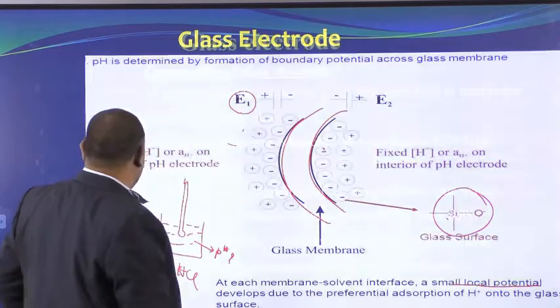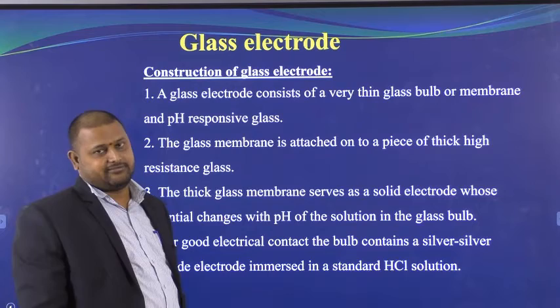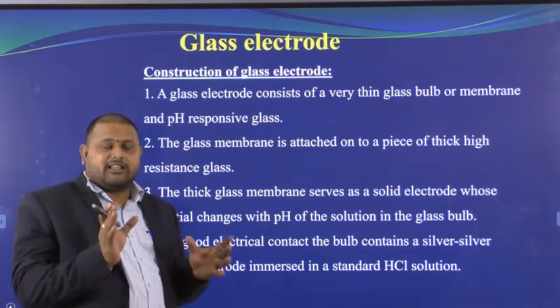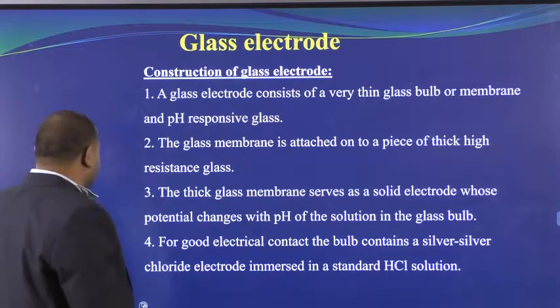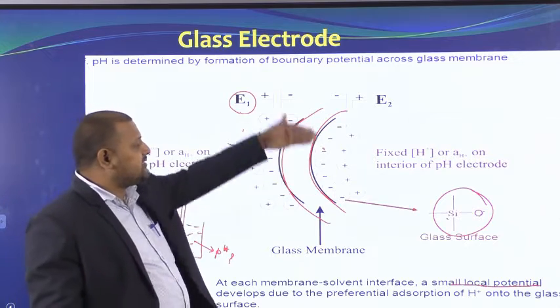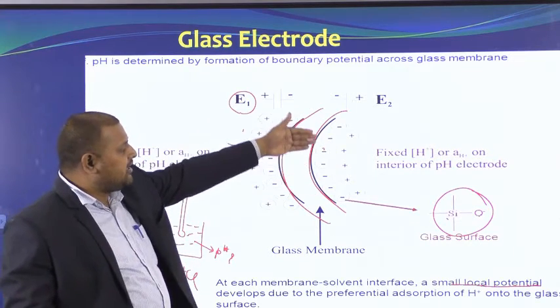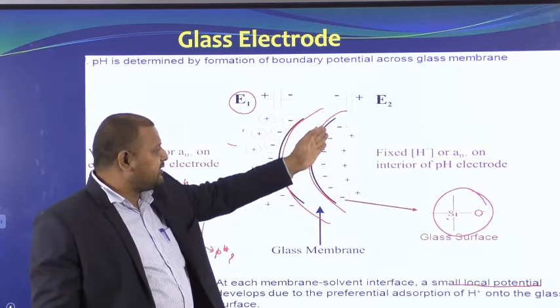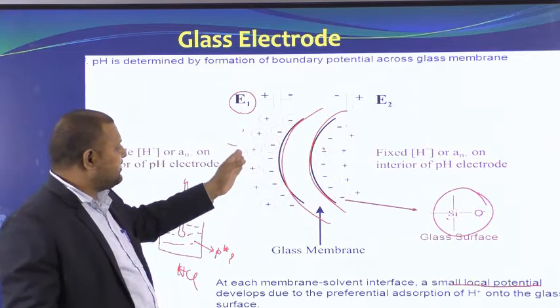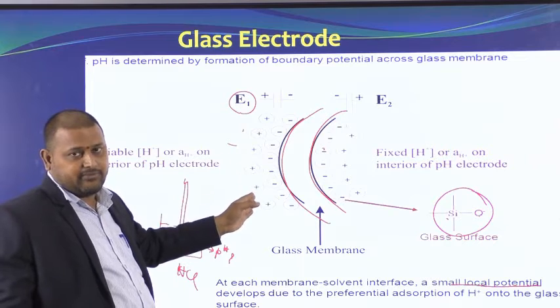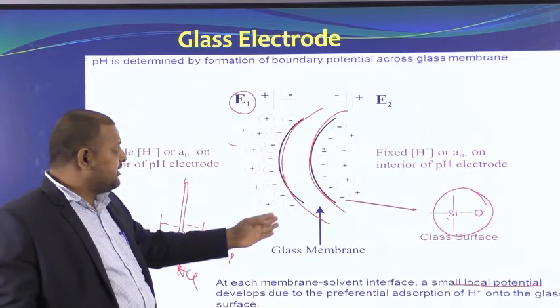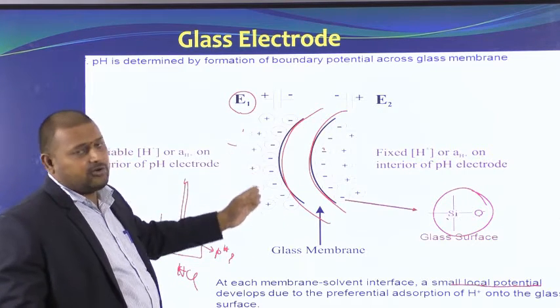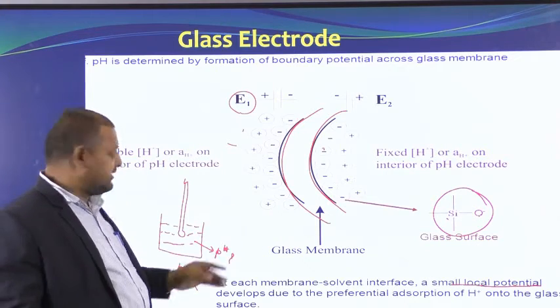So for understanding purposes, I have shown you this diagram in detail, the cross section of this glass electrode, what the glass surface is made up of, why we write minus ions here and why these plus ions change. Depending upon the pH, if the number of plus ions is more, the pH will be less, that's all.